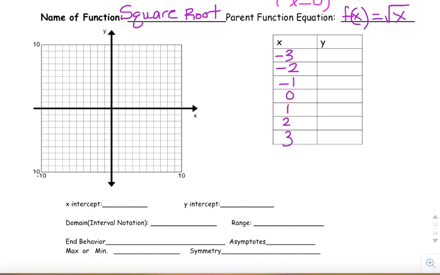And the best way I can explain a square root of x is this. You ask yourself, what times itself gives you that value? And that's what you would put in there. So in other words, when you plug in a 1, for example, so let's do f of 1.